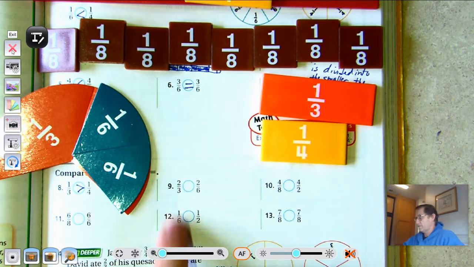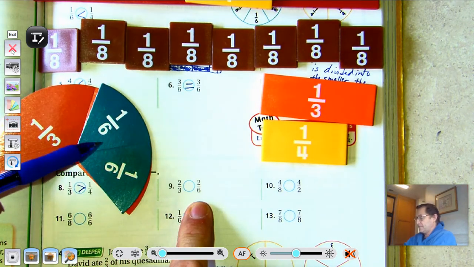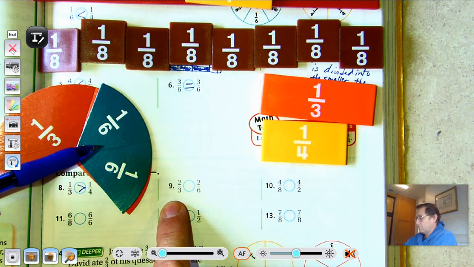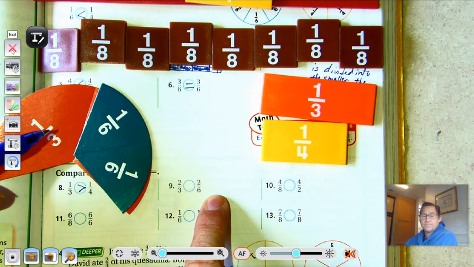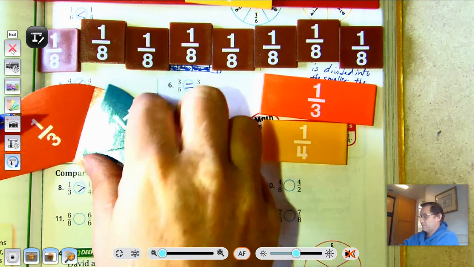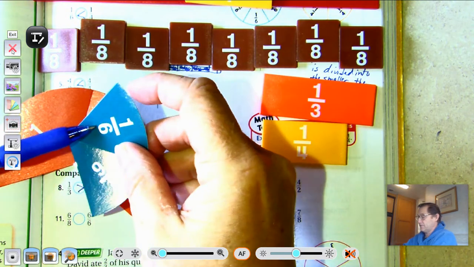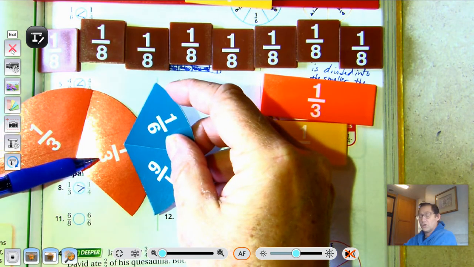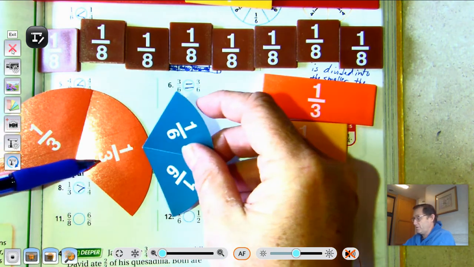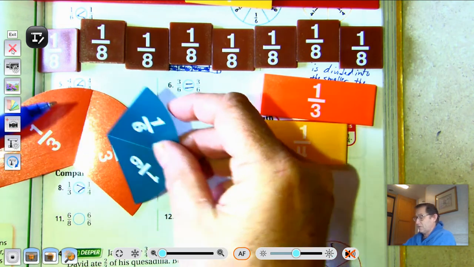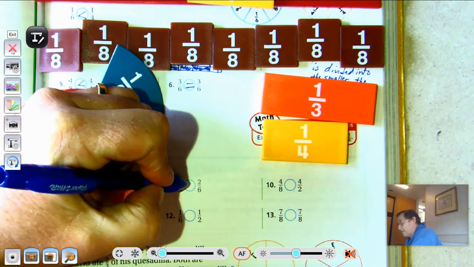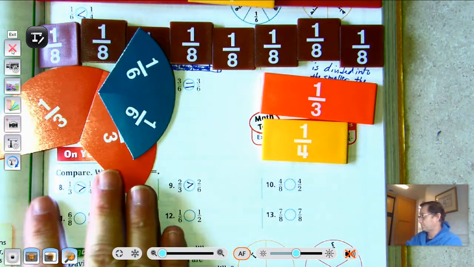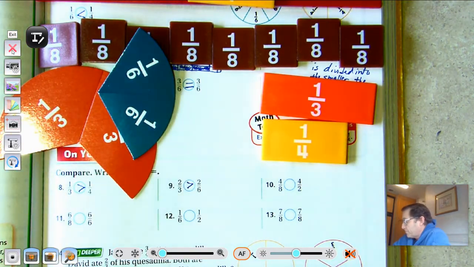So 6 equal pieces, or 3 equal pieces. The larger the denominator, the smaller the pieces, right? So the sixths have a larger denominator than the thirds, but the pieces are much smaller because there's more in the whole. So 2/3 is larger. 4/8 or 4/2.